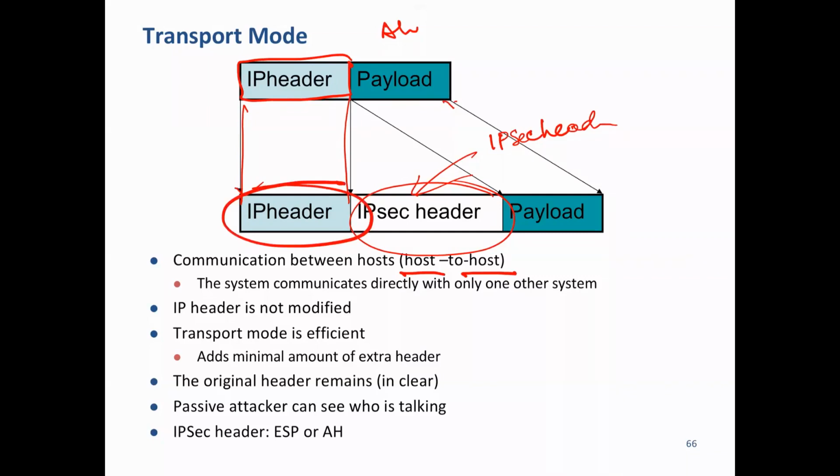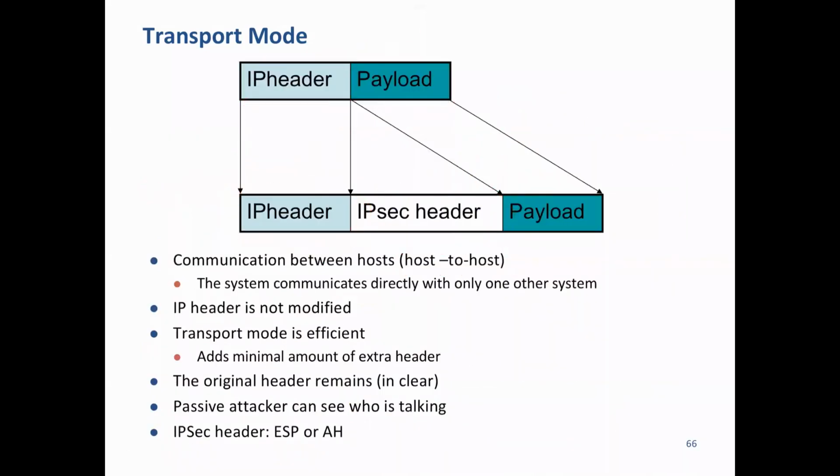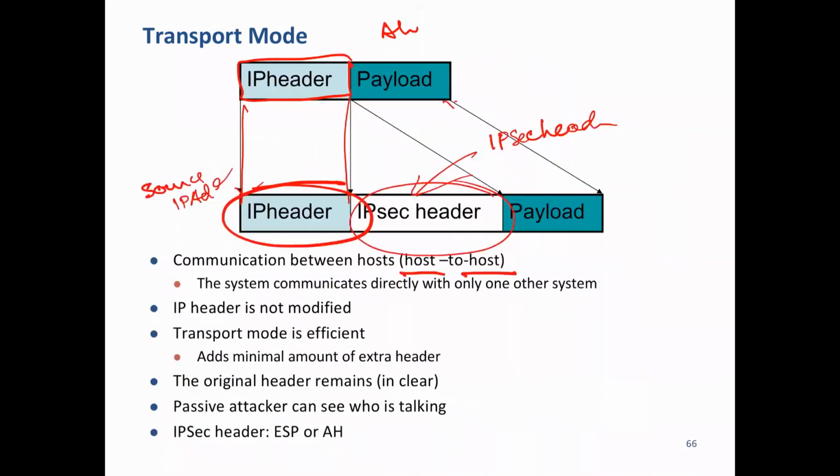Now somebody can change the source IP address, etc. So that's the weakness here. Okay, so this mechanism is used primarily to provide security to higher level protocols like TCP, etc., right? Because what is protected here is the payload, which contains the TCP or UDP payload.